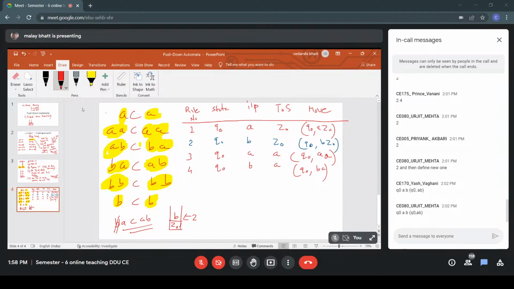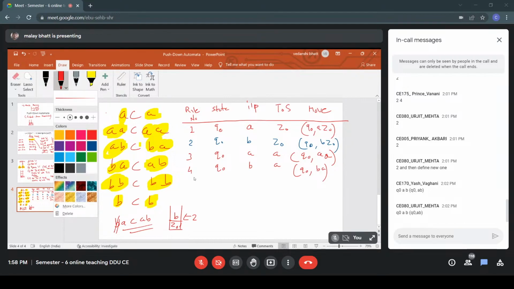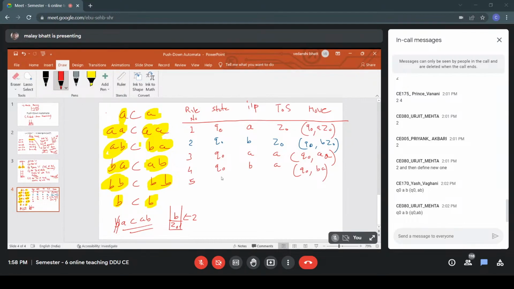We'll write that rule: let us add rule number 5, Q0 A B, so we are able to push A on the stack as per rule number 5.